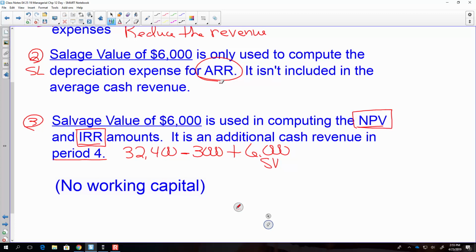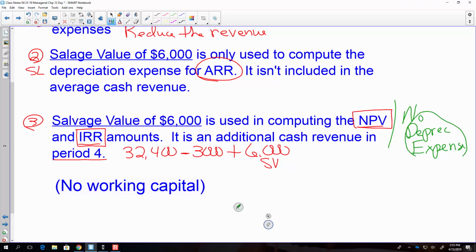Do I use depreciation expense in net present value or internal rate of return? And we don't. There's no depreciation expense. Because remember, depreciation expense is a non-cash expense. It has no effect on cash flow. Net present value and internal rate of return are cash flow problems. So on the test, I trick some students.